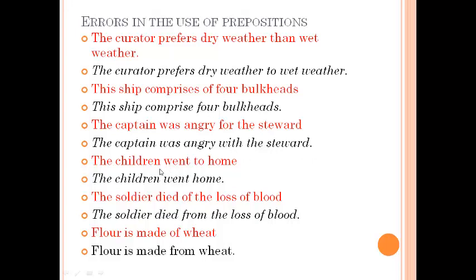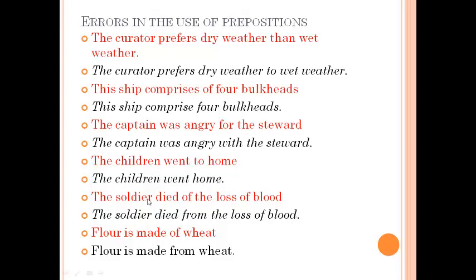Next sentence: "The children went to home." In this sentence we omit to. Why? To does not precede home. That means we should not use to when we are talking about home. I went home, that's it. The children went home, that's it. That's why we have to omit to.